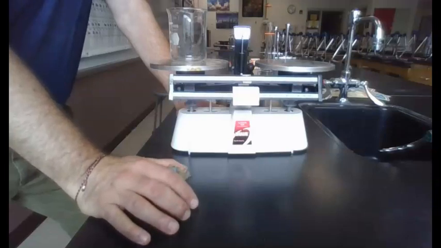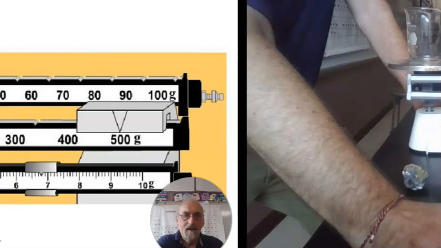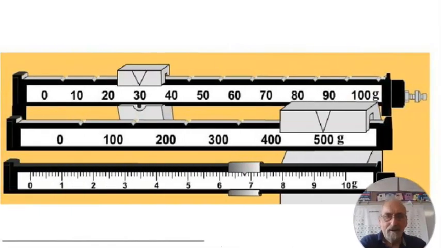Let's try a little practice in reading the triple beam balance, see if we can get those right. Okay, let's try a couple of these. So here's one. It's just a picture of a triple beam balance. What would you read this as? Well, I'll give you a second.